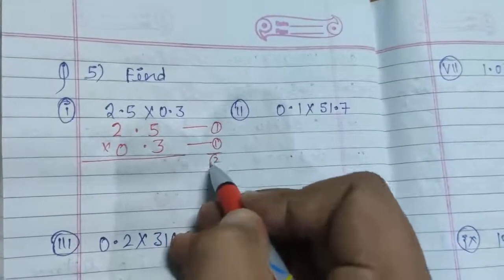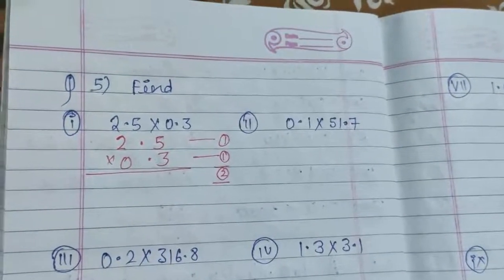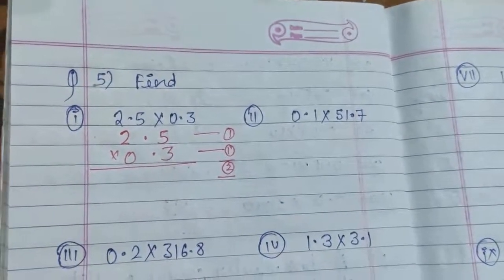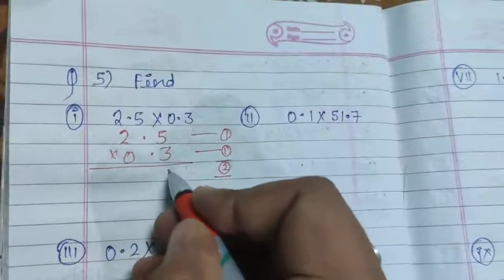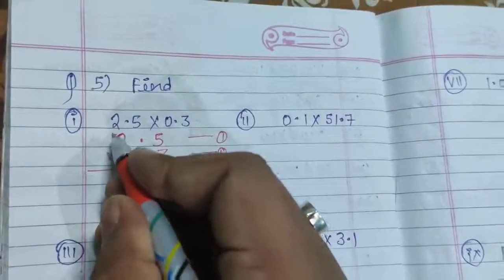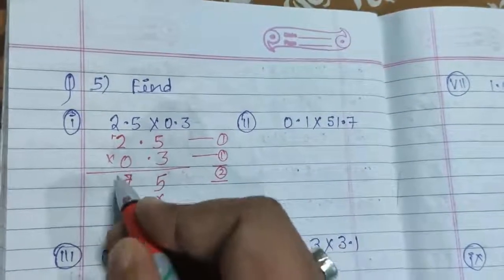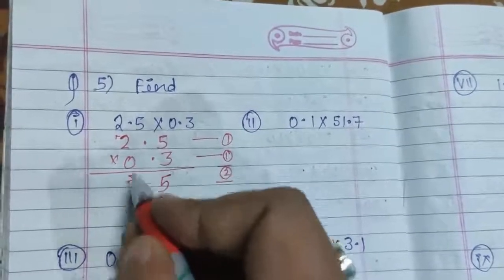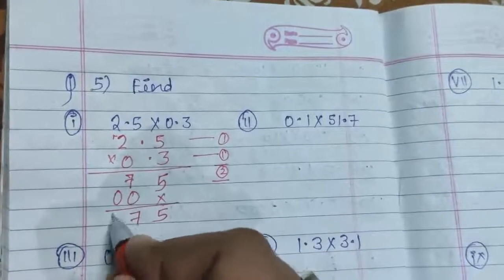So the decimal will be taken after 2 places in the answer. So here you can see 3 5s are 15, 1 carry, and 3 2s are 6 and 1, 7. Same, 0 times 5 is 0, 0 times 2 is 0. Now 5 7 0.